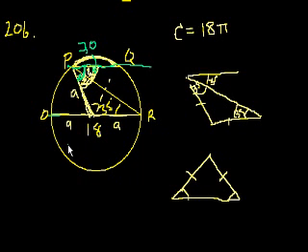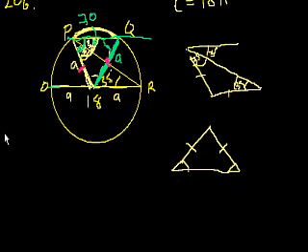So that was all pretty useful. Now, what if there was a way to figure out what this angle was? Because if we know this angle and this angle, then we know for sure this angle. I'm going to use the same argument. This line right here is a radius, so this side is also 9. Let me draw the triangle that I'm talking about, because I think this is an important problem.